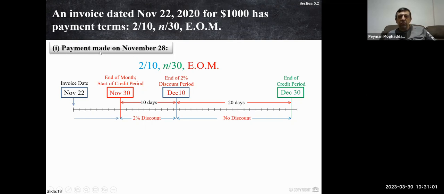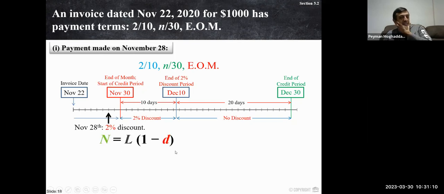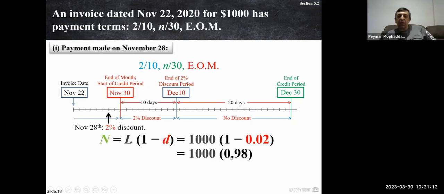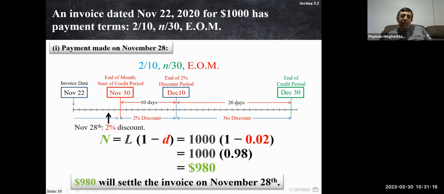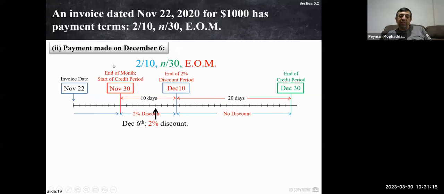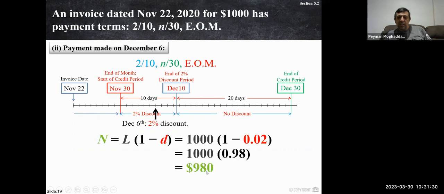The question said payment made on November 28th. November 28th is going to be here, right? So I still get the 2% discount. $1,000 multiplied by 98% is going to be $980. And now December 6th, which is between November 30 and December 10, we still get the 2% discount, so it's $980 again.